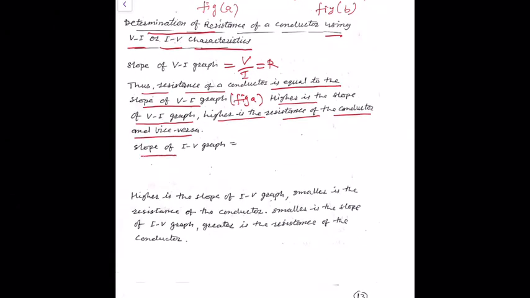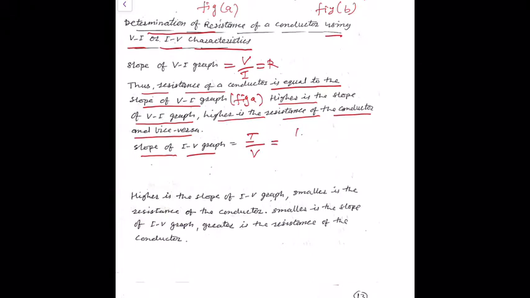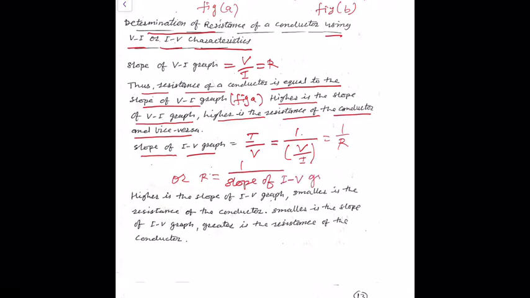Slope of IV graph is equal to I upon V, or we can write 1 upon V upon I, or 1 upon R, or R is equal to 1 upon slope of IV graph.